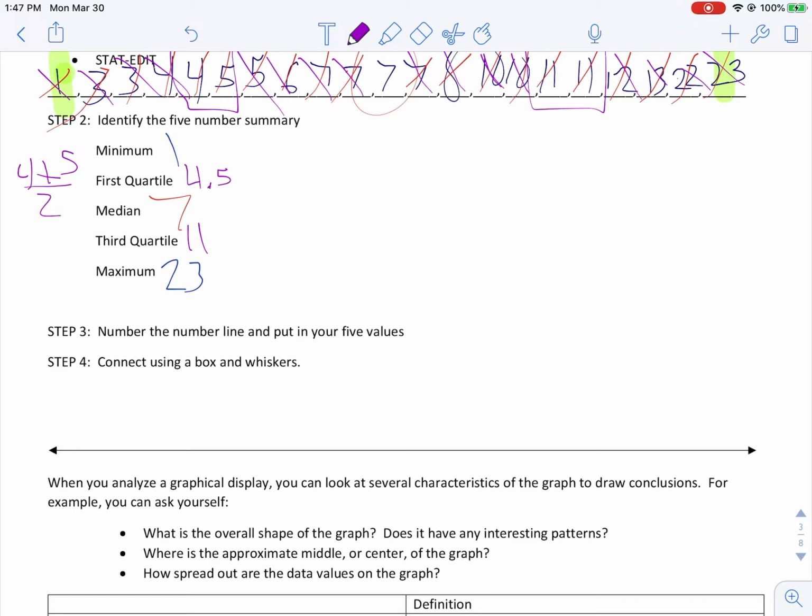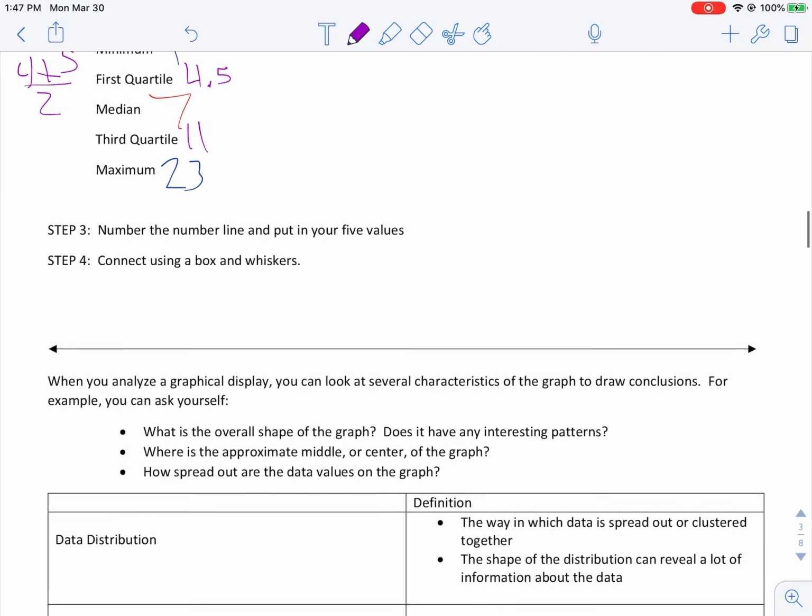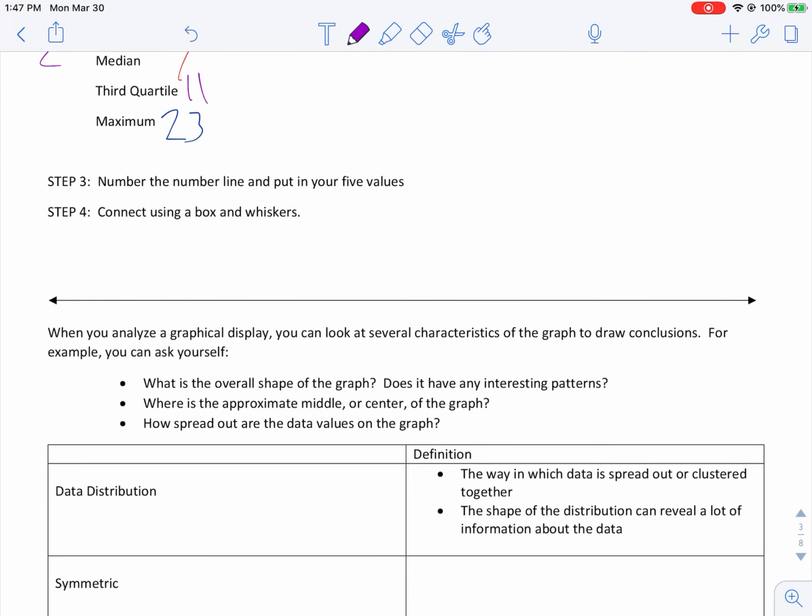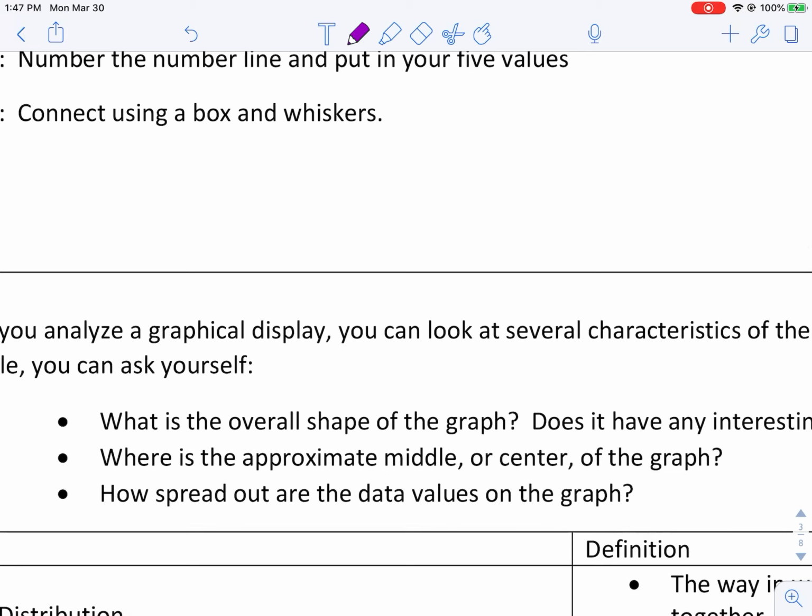So here, this is having me put my values in. Now the nice thing around here is I may not have a number line, but I may have a number line. I don't have anything down here though. So first thing I need to do is label this, and we will call this in grams of sugar.